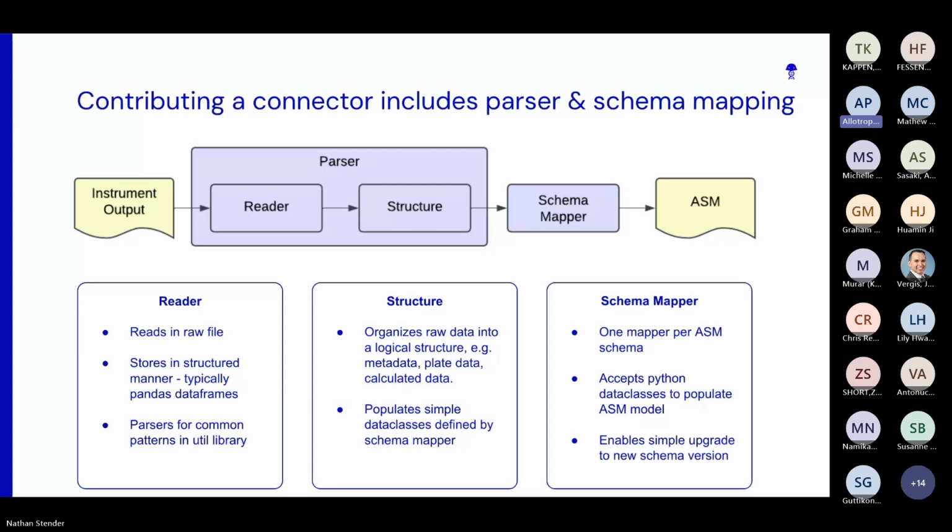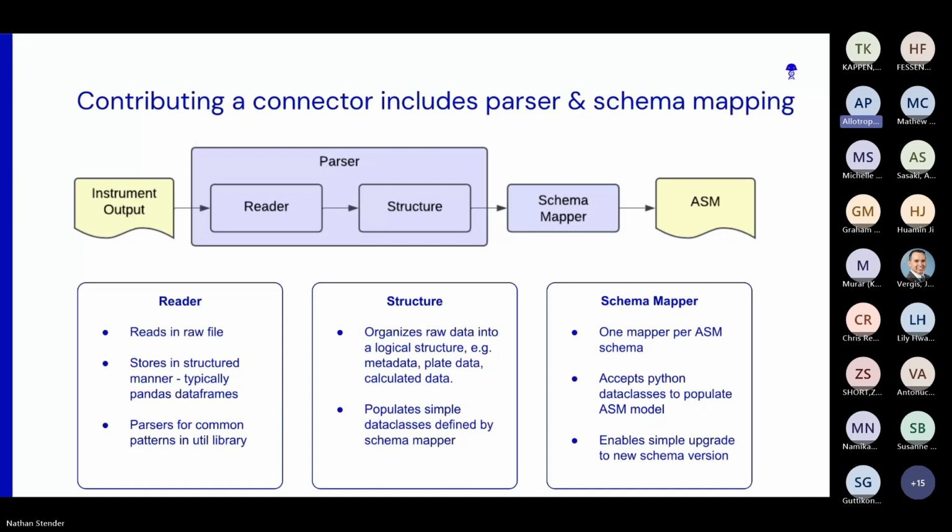First, you've got a reader. The reader class is responsible for reading in the raw data from the instrument and putting it into an accessible format. Most of the time, this is pandas data frames. You might have one data set. You might have a file that has 3 or 4 different data sets. The reader is just reading this in, getting into those data frames to be used by the next step.